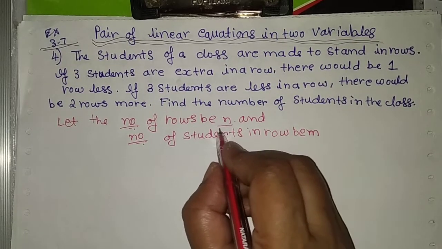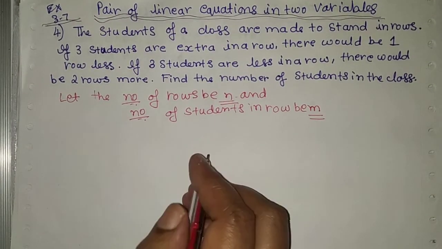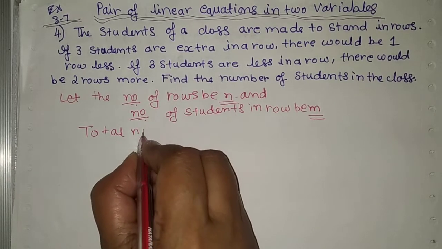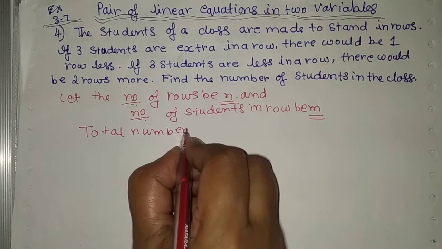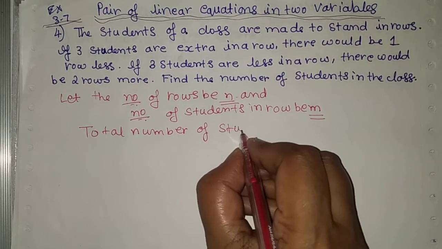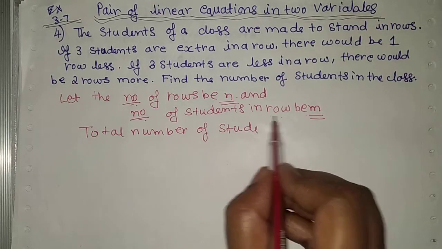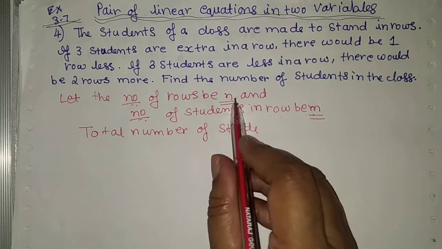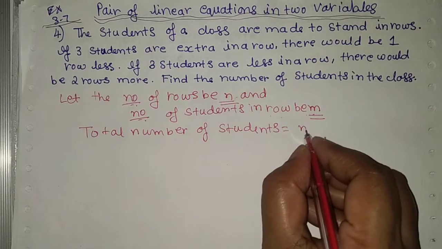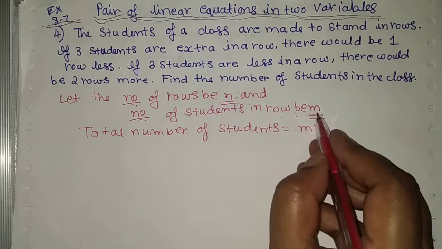So we took n as the number of rows and m as the number of students in a row. Now the total number of students is equal to m into n, that is number of rows into number of students in the row.